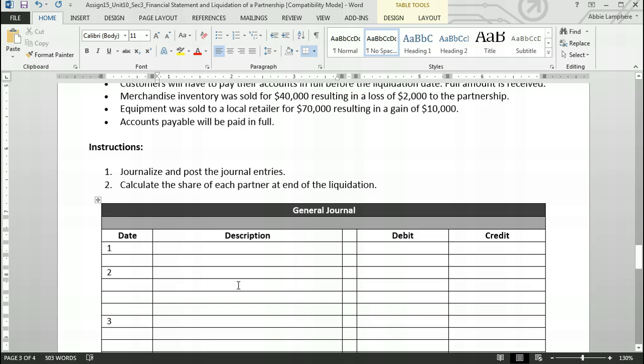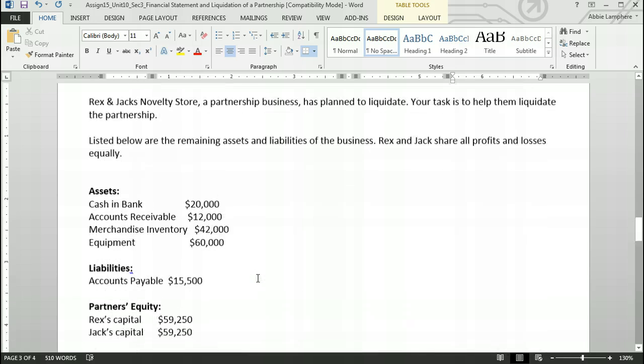It's only going to affect our cash in bank, because we received that $12,000, and then it's going to affect our accounts receivable. So we are closing that account by crediting it for $12,000. Again, since there was neither a gain nor a loss, it does not affect our capital accounts.